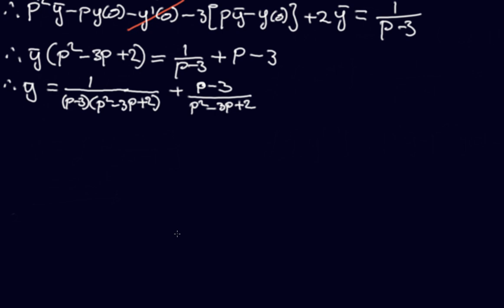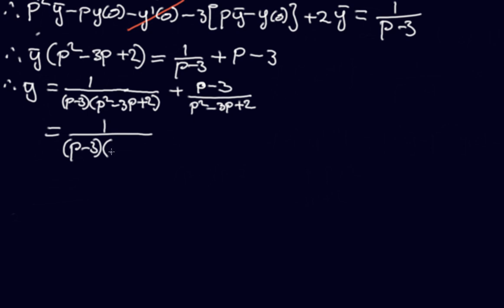So the p squared minus 3p plus 2. Can we find factors of this? Okay, so we can find factors of the bigger bracket.